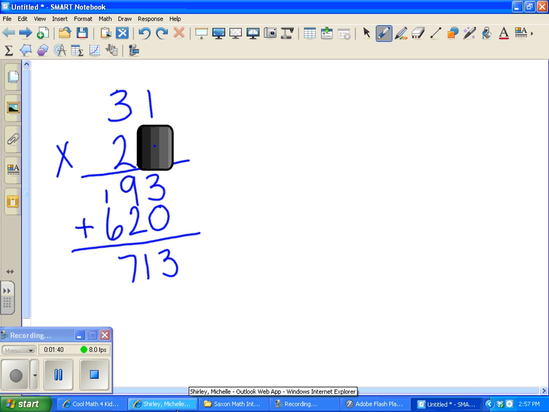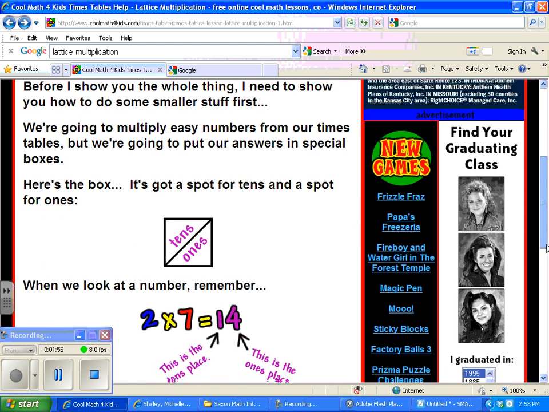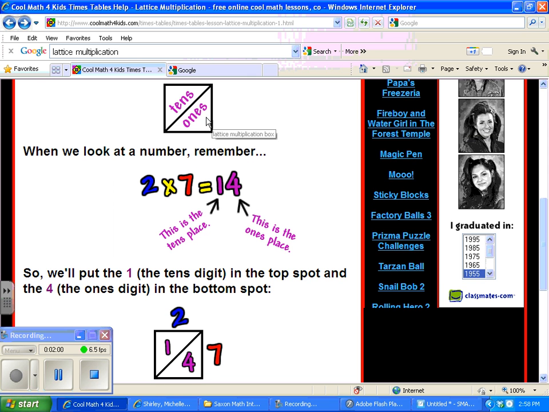Okay, now we're going to take a look at something called lattice multiplication. And if we go to coolmath.com, I'm going to show you what that looks like. Okay, so the first thing you need to understand when you do this really cool trick called lattice multiplication is that when you do an answer, you need to know where to put your tens and your ones.